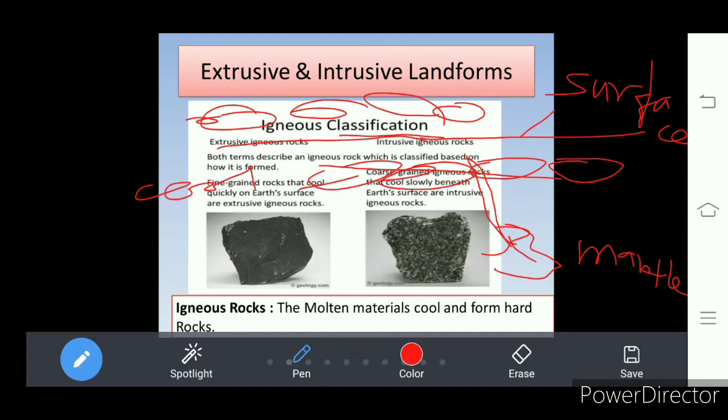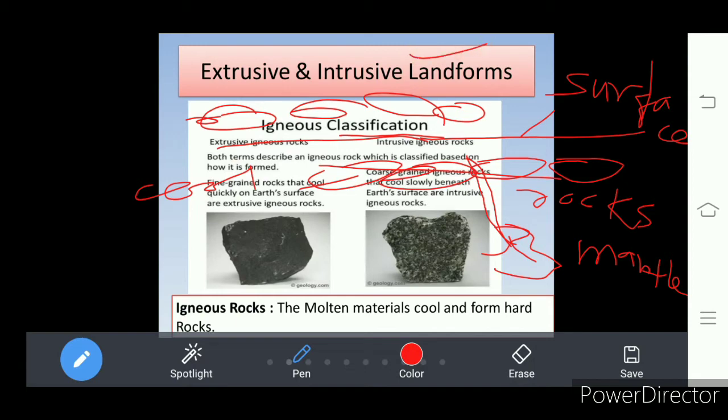As it becomes cool, it turns to rocks. These are the rocks formed inside the surface, that means below the earth surface. So as these rocks are inside the earth surface, these are called intrusive landforms.